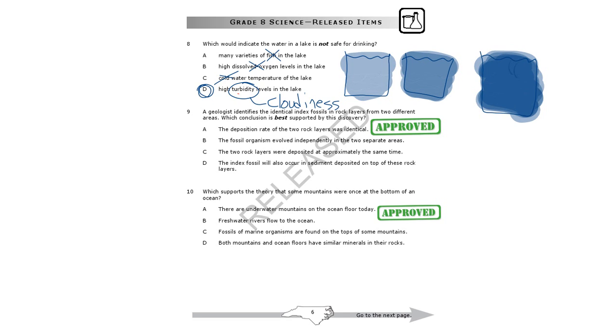A geologist identifies the identical index fossil in rock layers from 2 different areas. Which conclusion is best supported? So what an index fossil does, you have your rock layers. Some fossils, like the trilobite fossil, we find throughout the fossil record.